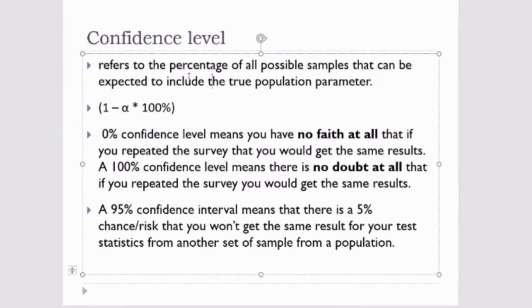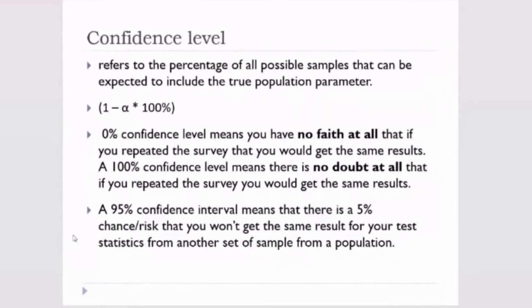So how to compute confidence level is just 1 minus alpha times 100%. So kung 0.05, 1 minus 0.05, that's 0.95 times 100, so that's 95% confidence level. So depende na sa inyo. Mostly, enough na ang alpha level lang.